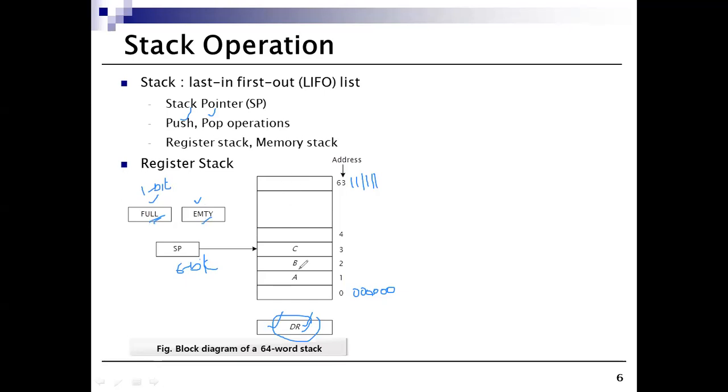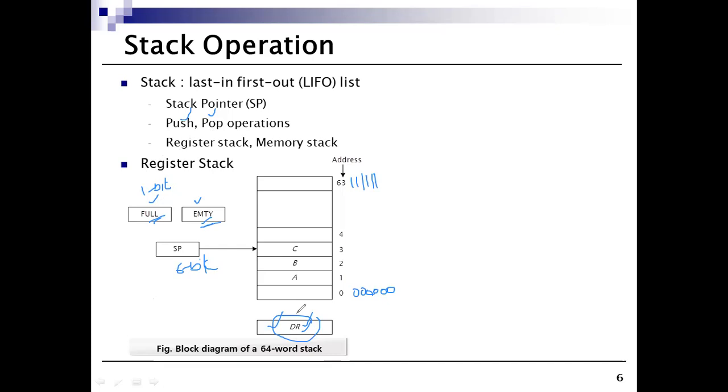If your stack is full, you can't perform a push operation. You can't insert a new element into the stack. If the stack is empty, you cannot remove any element because it is empty. So these 2 single-bit flags are used by the programmer to perform a valid push or pop operation.